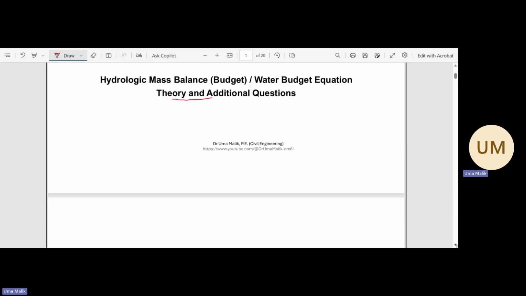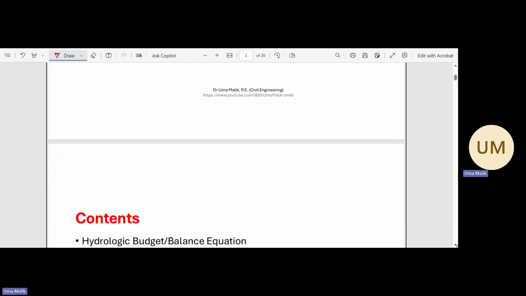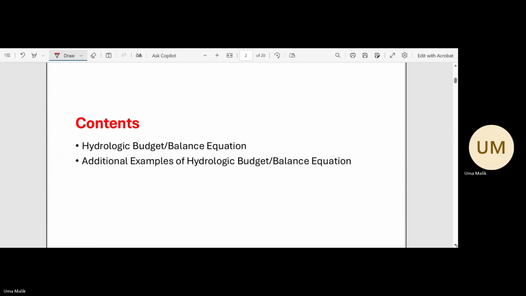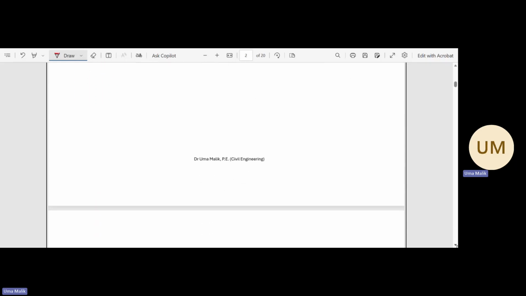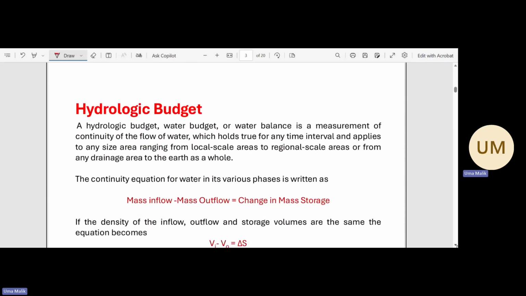The theory part we have covered in class also, but I will be briefly touching upon it again. The topics for this presentation are the hydrologic budget or balance equation, and we will have three examples based on this equation.